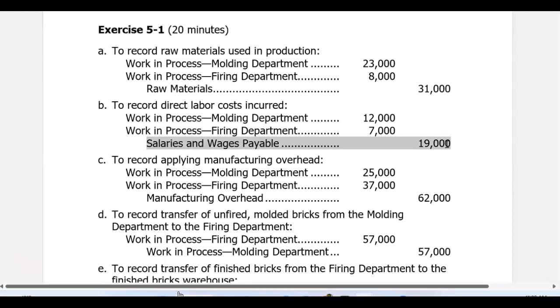The direct labor charge goes again into department 1 work in process, and some of it goes into department 2 work in process.